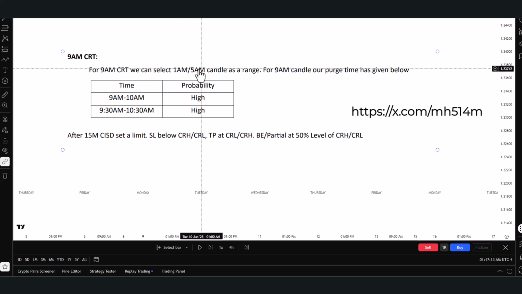We will mark out the CR high and CR low. If the 9 am candle sweeps the high or low, and within this 9 am period the entry is not triggered, then our entry will be invalid. Then we will again mark out the new CRT.